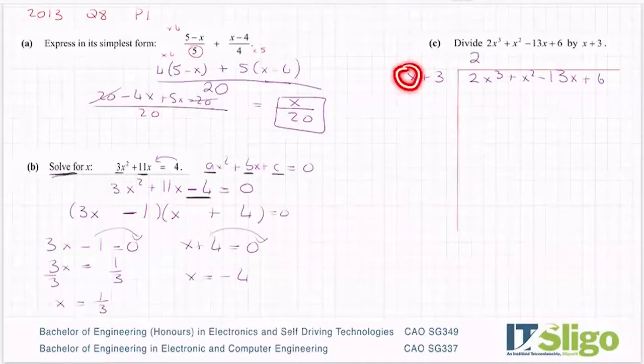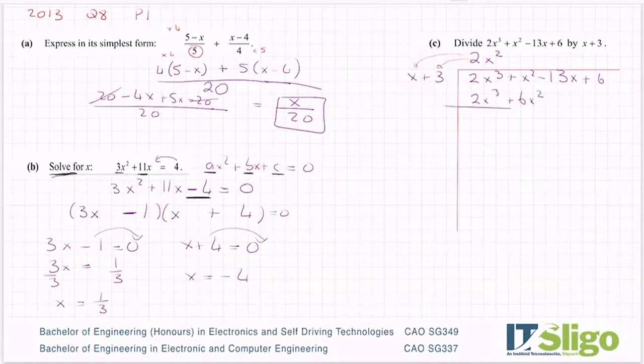There's 1x, and I need to bring it up to x squared. So I need 1 more x, or x squared. And then you multiply that by the x, and then by the plus 3. Okay, so when I was figuring out this term, I only looked at the x, but when I'm multiplying it in to get the remainder, I look at both terms. So 2x squared by x is 2x cubed, 2x squared by plus 3, well 3 2s are 6, x squared.